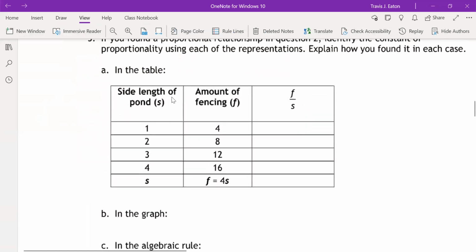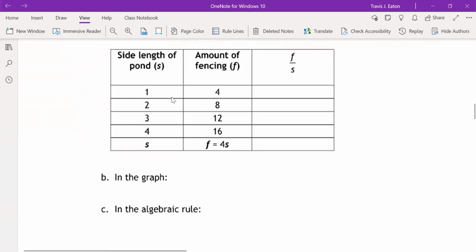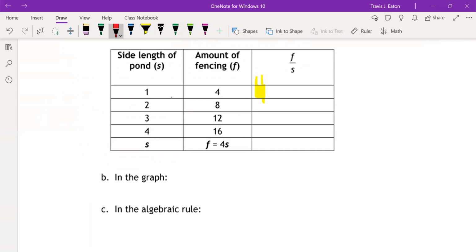So first of all, from our table, when we divide, 4 divided by 1 is 4. 8 divided by 2 is 4. 12 divided by 3 is 4.